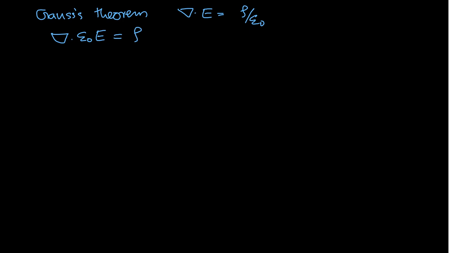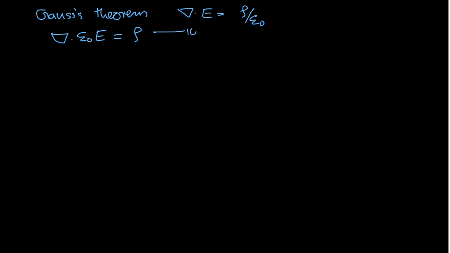From Gauss's theorem, we have del dot E is equal to rho by epsilon 0. This is the first equation. Or del dot epsilon 0 E equal to rho.